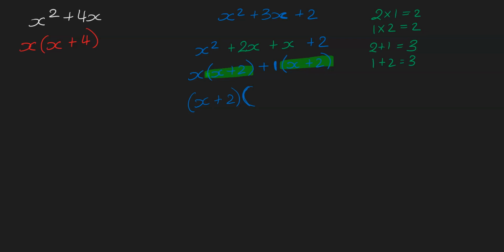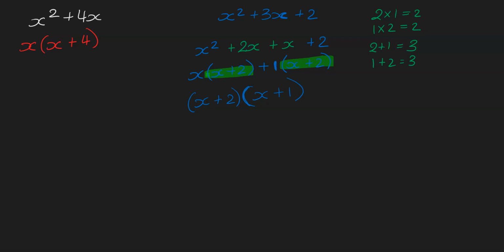We're left with x plus 1. And we have changed this expression to look like that by factorizing. Obviously, if you expand this out using the FOIL method, you should get that same expression right there.